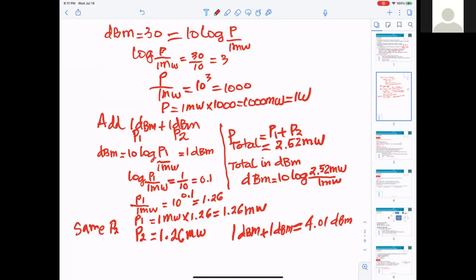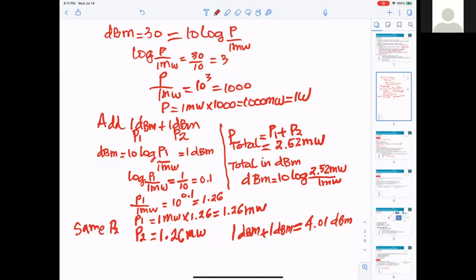Exactly. So when you're adding 1 dBm to 1 dBm, you cannot get 2 dBm. You cannot add dBm to dBm.